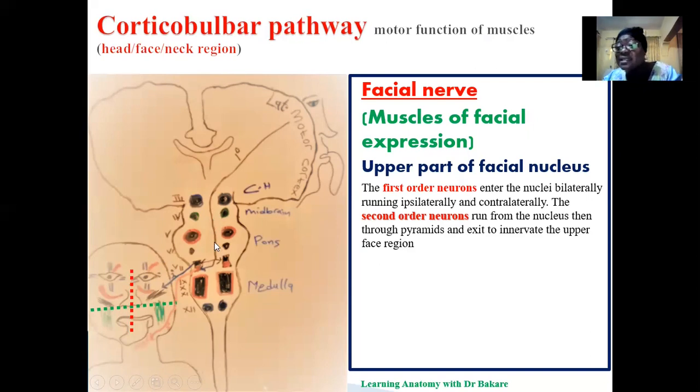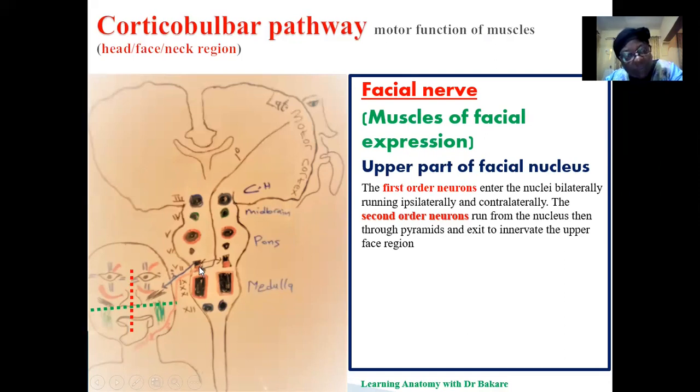Where it is a bit different is in the lower region of the facial nucleus. So the first order neuron, of course, begins and follows you downwards. But when it gets to the lower region, it does not run bilaterally. It runs on the contralateral side. So it only gives a contralateral branch to supply the lower part.